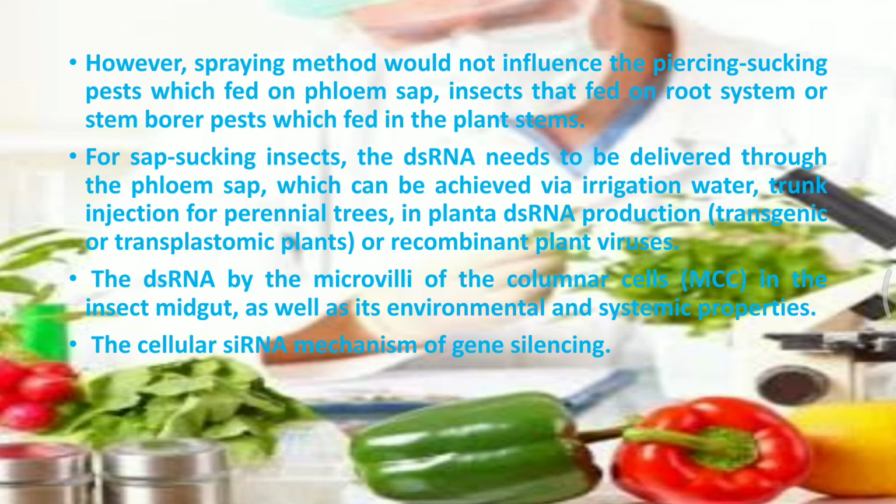As soon as the double-stranded RNA is taken up by the plant and the pest feeds on the phloem sap, we can see that the microvilli of the columnar cells in the pest midgut start behaving abnormally, and as a result the pest suffers death, because it is not getting the kind of protein it was looking for.